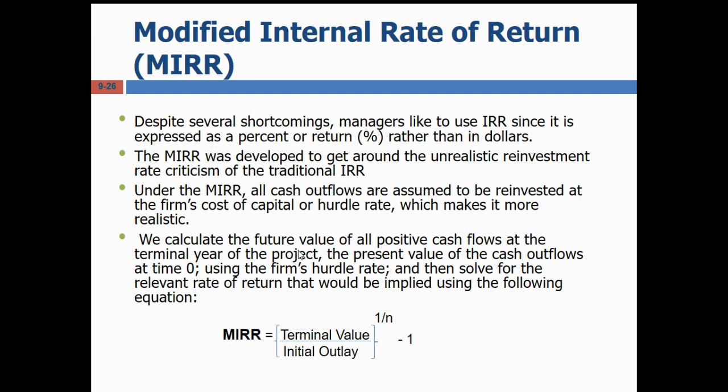With MIRR, you'll get only one result. So that is how they have tackled both weaknesses in IRR by creating MIRR. And the formula would be terminal value divided by initial outlay or initial investment, the whole thing to the power of 1 over n, the number of periods, minus 1. So that is your MIRR.